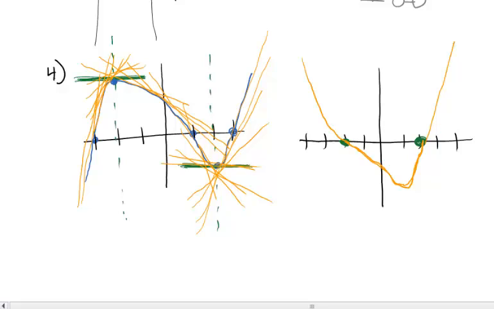So the derivative graph describes the slopes of the tangent line. It tells us where the slopes of the tangent line are 0. If we're positive, the slope of the tangent line is positive. It's going uphill. It's increasing.